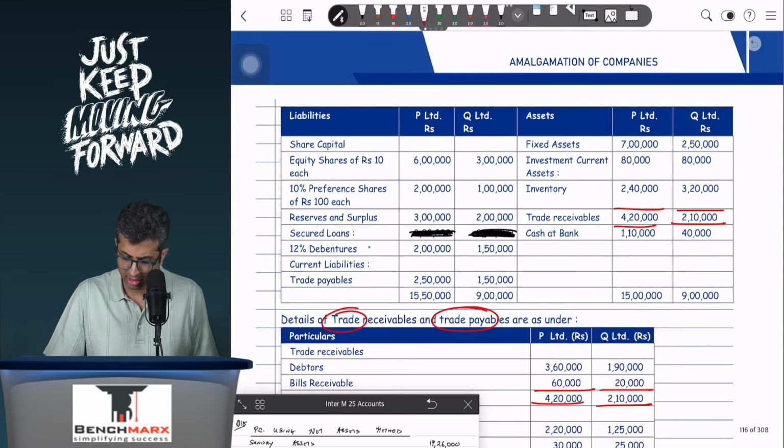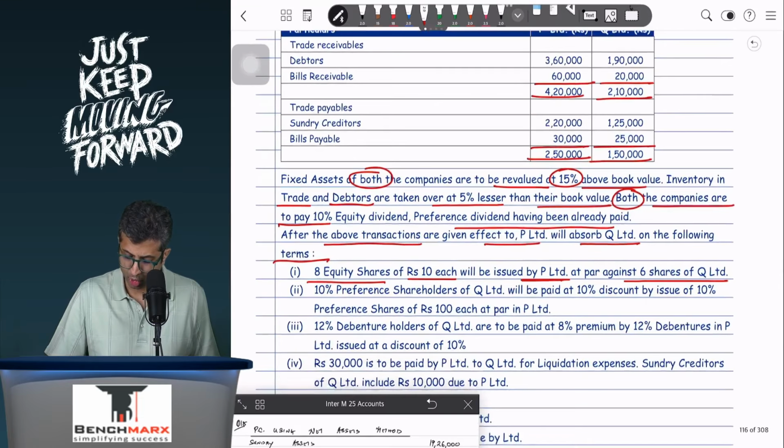Equity shares of rupees 10 each. In Q there must be 30,000 shares. You have been told 8 equity shares against 6 shares. So this is 30,000 into 8 divided by 6. Can I say this is equal to 40,000?